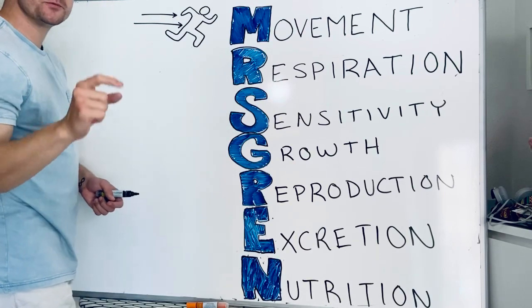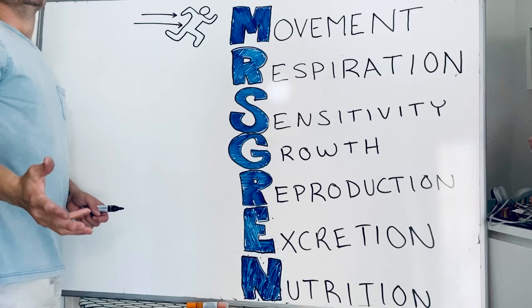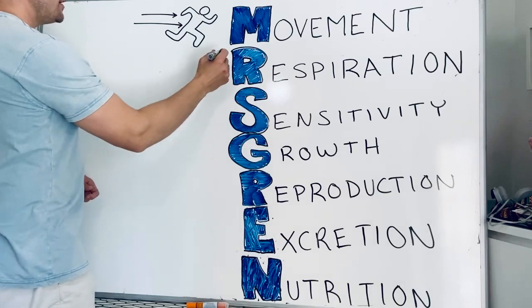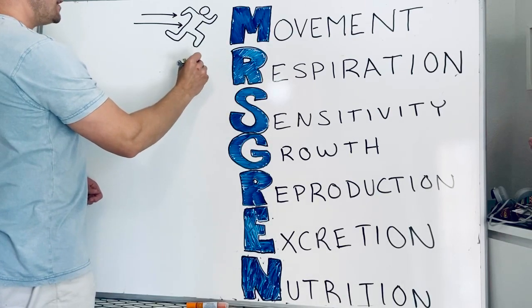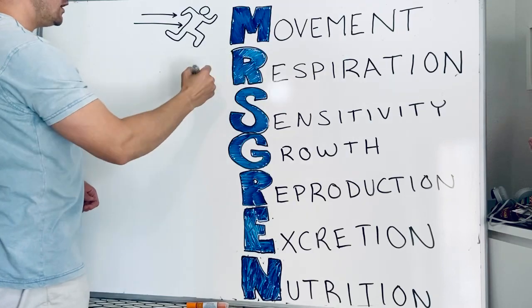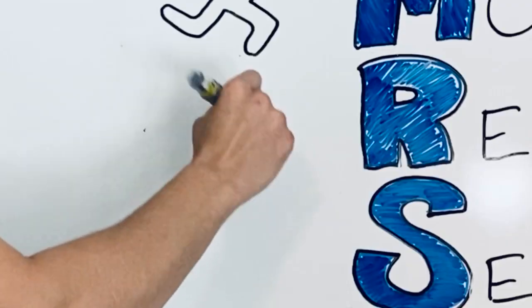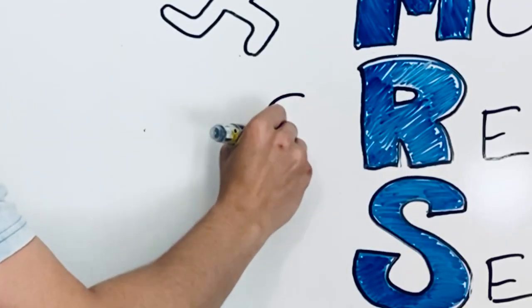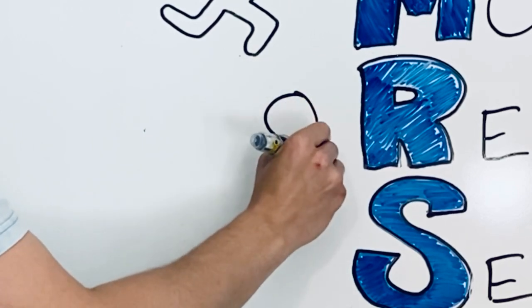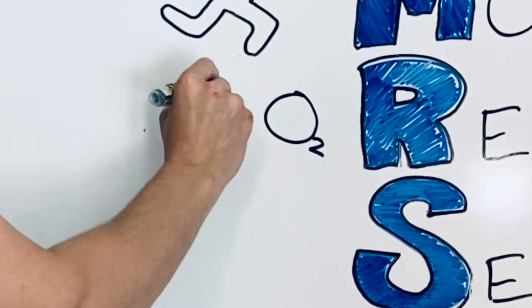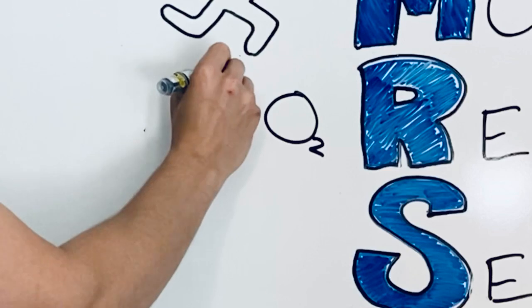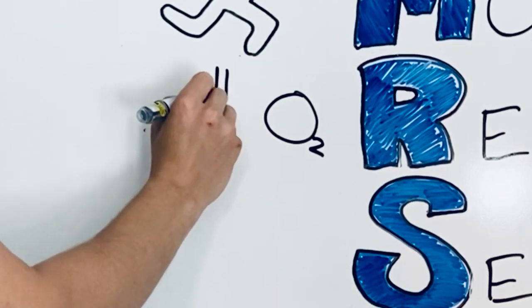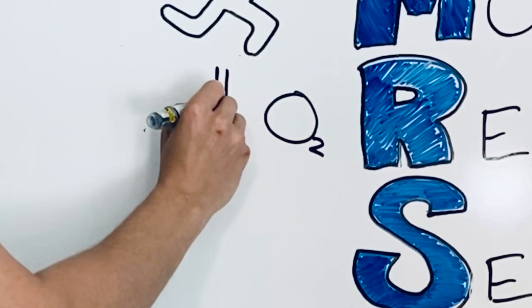Respiration. If it breathes. So for respiration, we're going to use a very simple symbol. Here we're going to use O2, which is the symbol for oxygen. And we're going to draw a very simple drawing of our lungs.